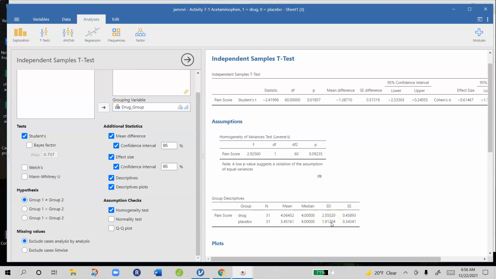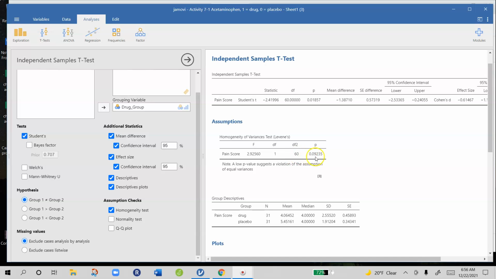We have a standard deviation of 2.56 and a standard deviation of 1.91. Right? So we can look at those two standard deviations and see that they're not too far apart. But we can also look at our homogeneity of variance test to see if that difference we're observing between the standard deviations is likely to be due to sampling error.